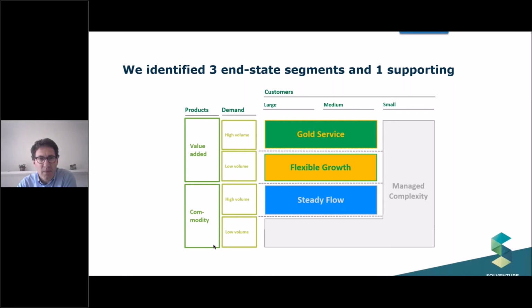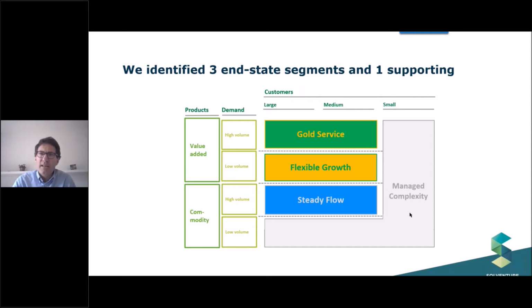Why? Low volume commodity SKUs are never going to be an efficient business model. So there we said, manage that in a different way and try to move it away from your own business model and order handling, for example towards distributors who can probably handle it more efficiently.